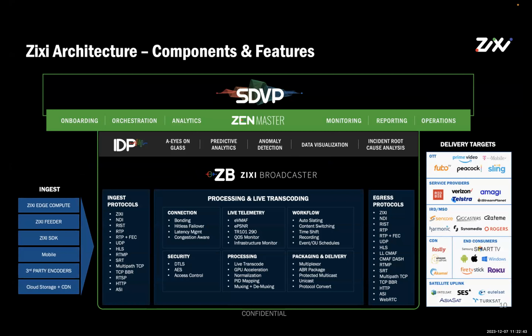So for example, mobile, iOS and Android, third-party encoders, and also things like cloud storage, object storage, CDN sources, that kind of thing. Supporting all the different protocols that you'd expect into the platform, whether it's our own protocol or things like RIST, RTP, RTMP, older protocols like RTMP, and even adaptive protocols like HLS, etc.